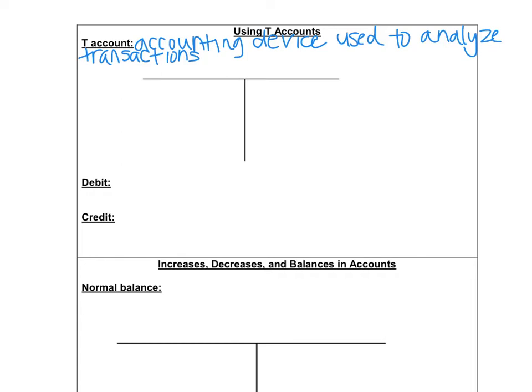And at the very top of this, I'm going to write out the accounting equation. Assets equals, and make sure you put assets on the left side, and then liabilities plus owner's equity on the right side.